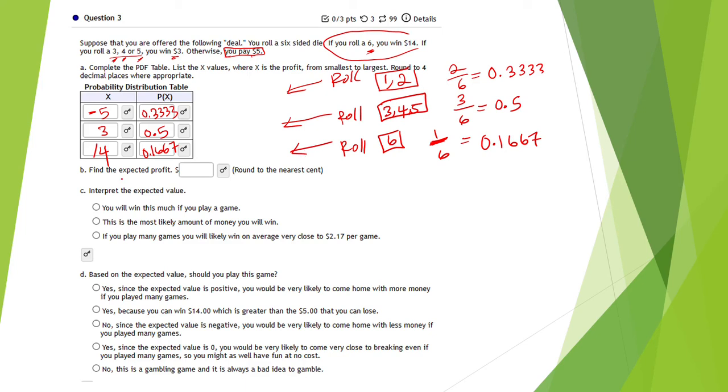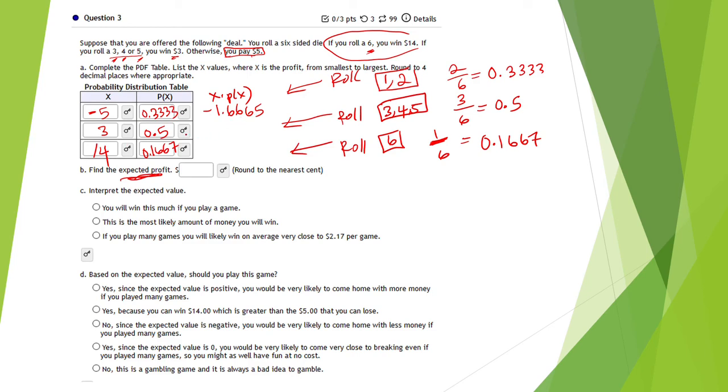Now, how do we find the expected profit? Well, we need to calculate the sum of the X times P of X column. So we need to multiply straight across for each one of these. Negative 5 times 0.3333 gives me negative 1.6665.